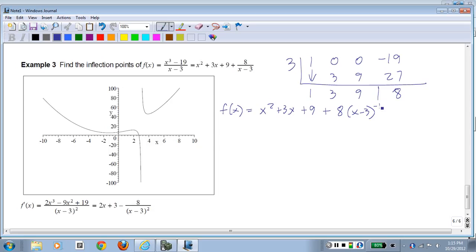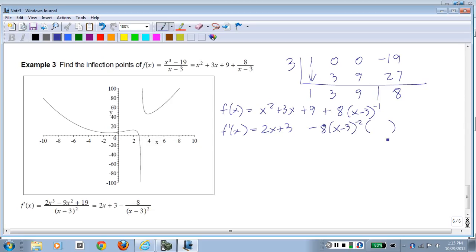That way we can use the generalized power rule on that. So f prime of x equals 2x plus 3 minus the negative 1 gets multiplied by the 8. And then we have x minus 3 to the negative 2.